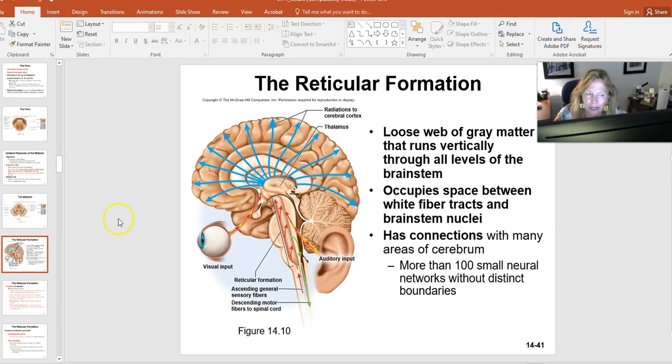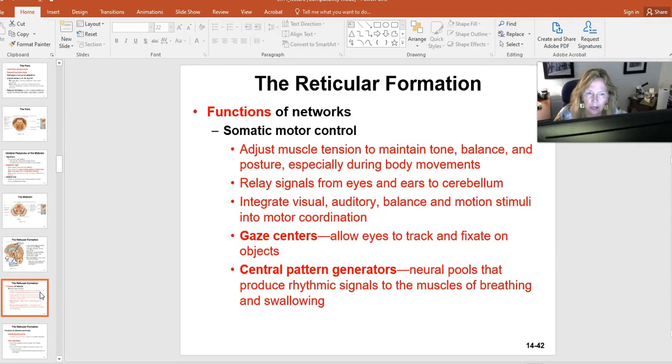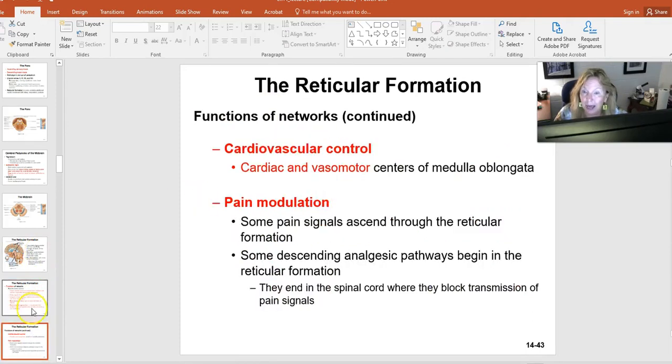So the cerebellum plays a role in that as well. You can see some of the functions of this: relaying the sensory information to all of these areas and making sure that it is processed, sent back and integrated, and how it's going to be responded to.